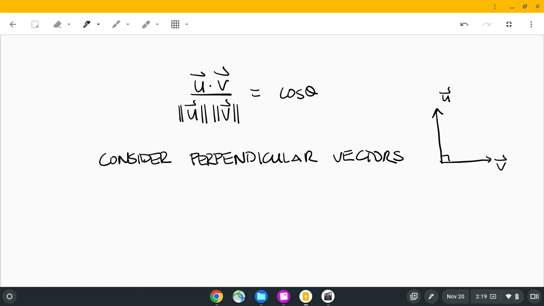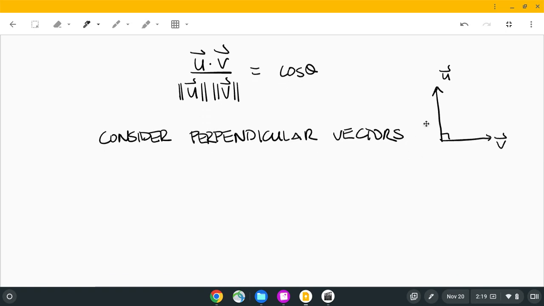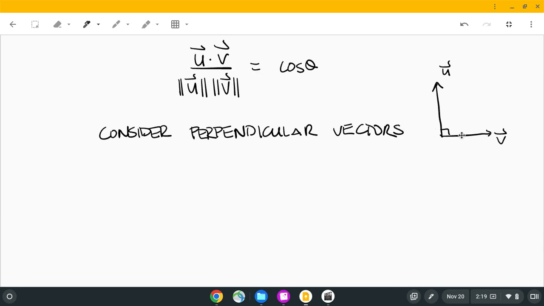So what is the cosine of 90 degrees? We know that the cosine of 90 degrees is 0.